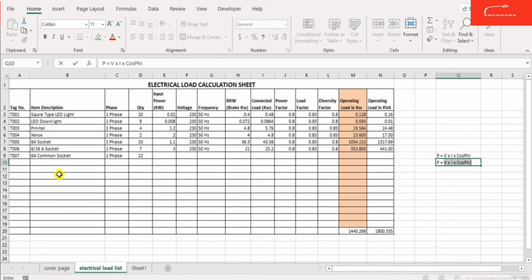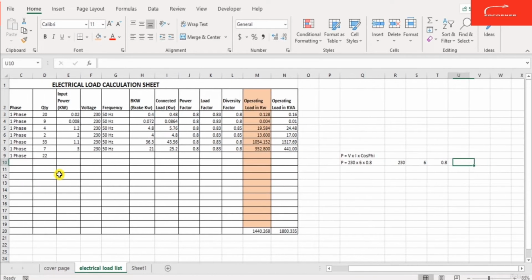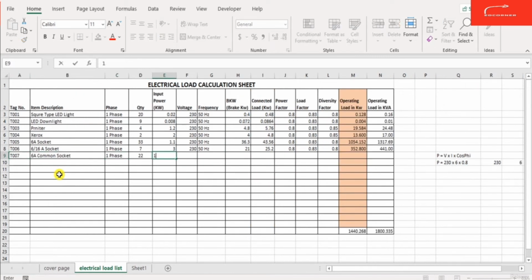So simply P is equal to 230 into the current required, that is 6 ampere, and the cos phi value is 0.8. So it will become 230 multiplied by 6 multiplied by 0.8, so around 1.1. This is the watts required for that 6 ampere socket. So 1.1 is the kilowatt. The answer is 1.1 kilowatt.